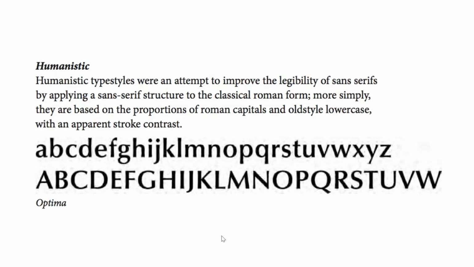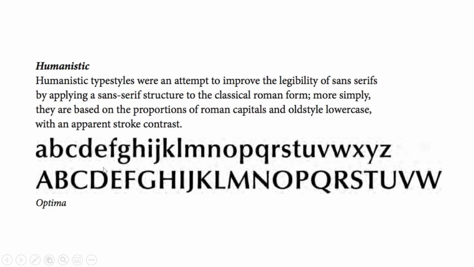And then you got humanistic. Humanistic is a blend of sans serifs and serifs. The best way to recognize it is just the thick to thin transition. Sans serifs, we already established, traditionally do not have any or have very little stroke transition.